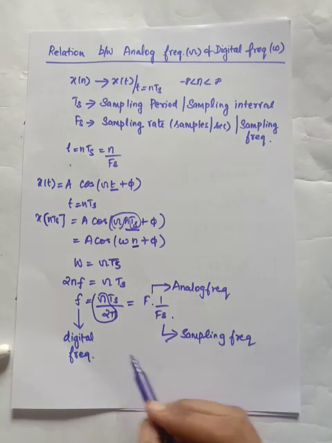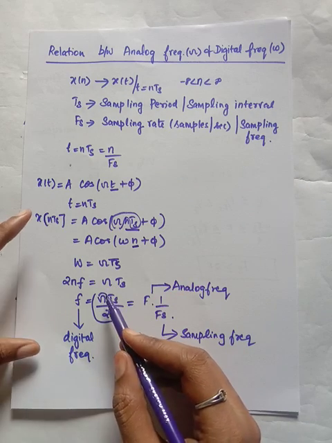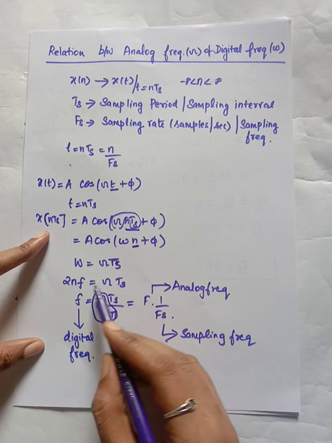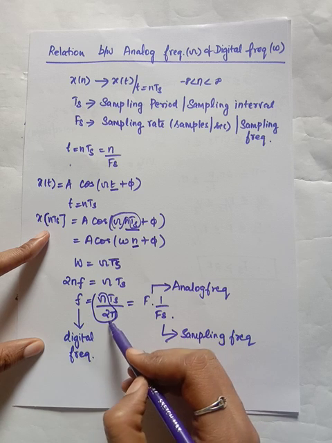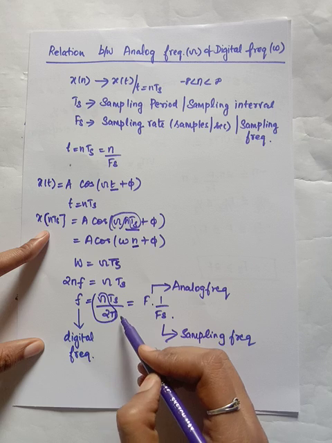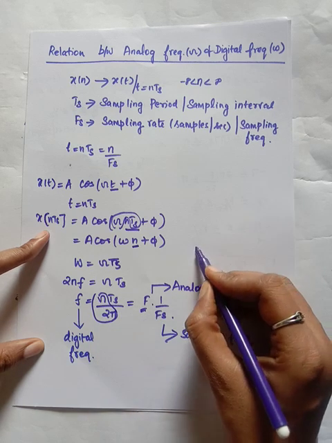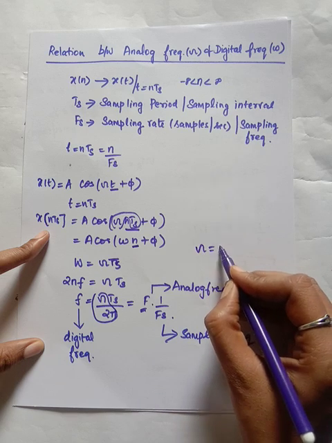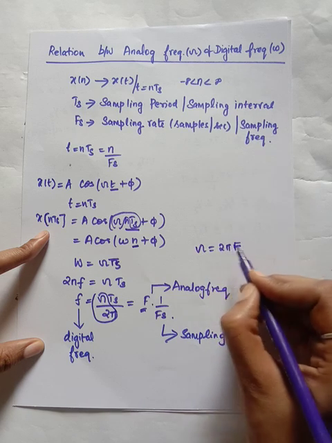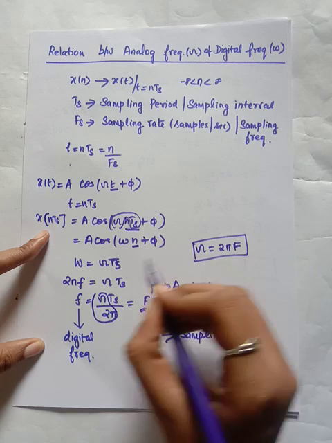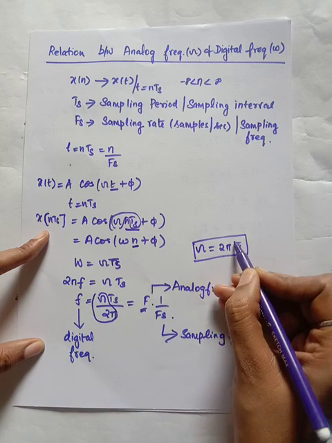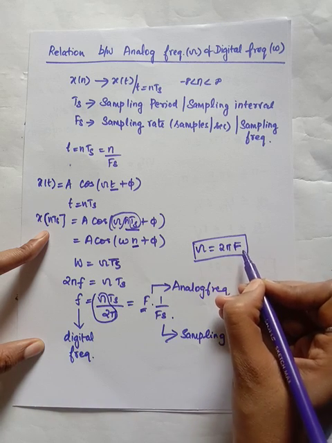So this ohm can be represented as 2 pi capital F, the analog frequency. We know that ohm, the analog frequency, is equal to 2 pi F. In order to differentiate digital and analog frequency, I am using capital notation here.